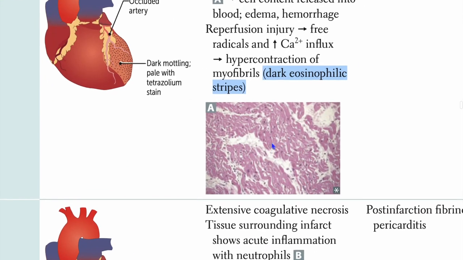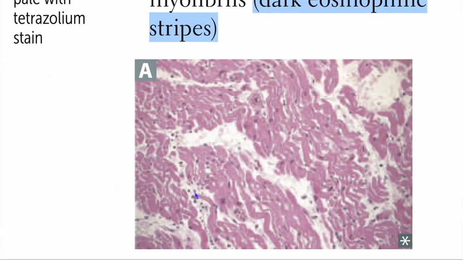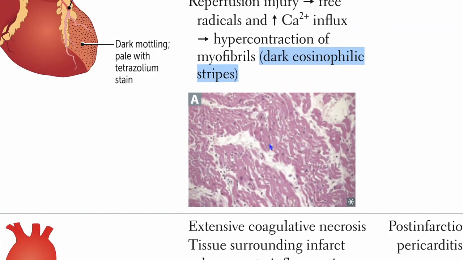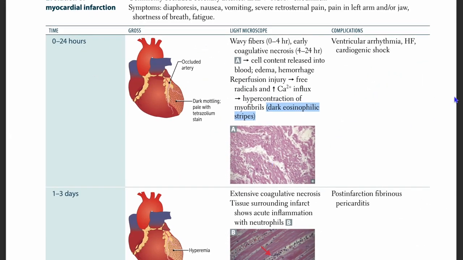If you see a little bit of dots right here, and you can still make out the wavy fibers, that's going to be 0 to 4 hours. So what can happen because of these? You can get ventricular arrhythmia, heart failure, or cardiogenic shock.